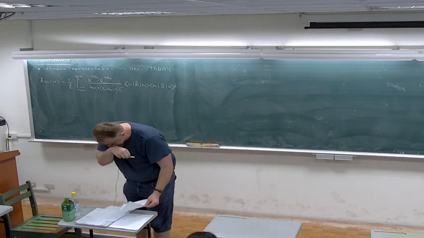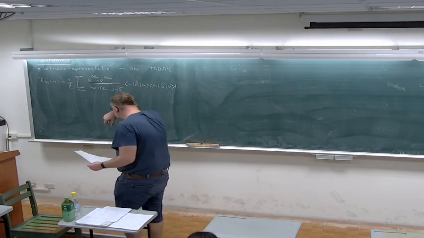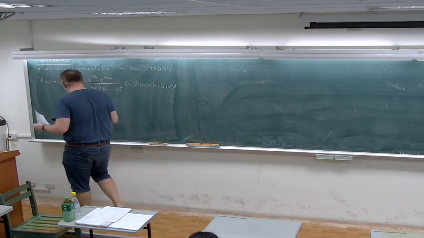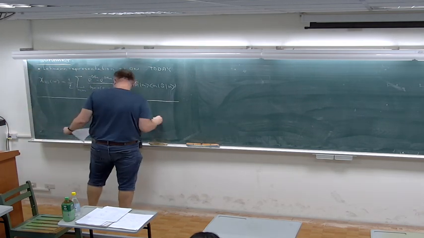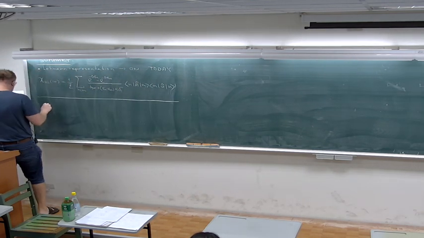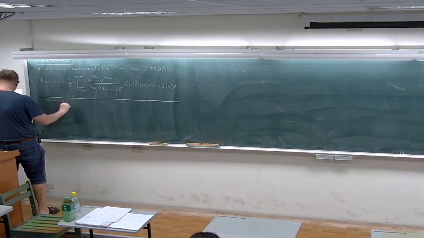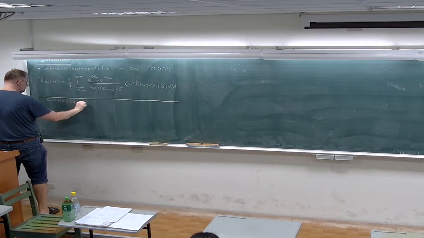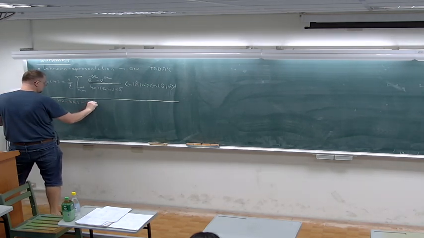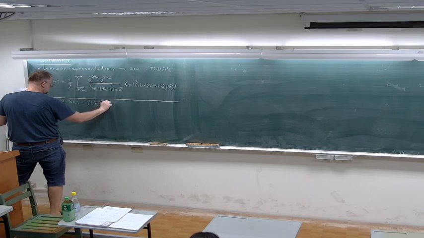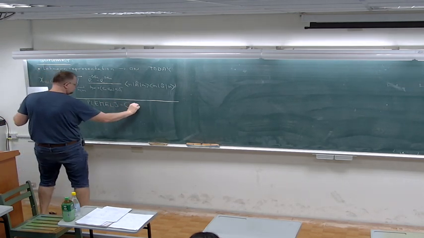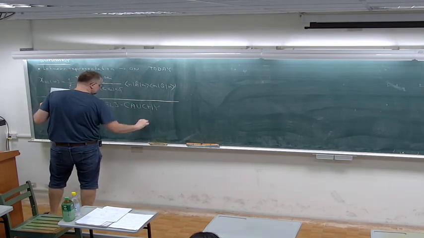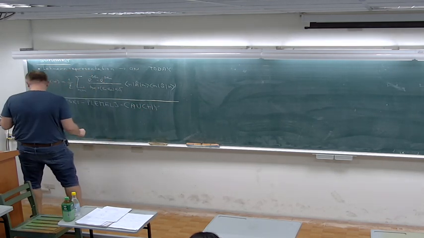Okay, and now I want to use one identity, and I hope, if you didn't have it, then I will put it to the sheet, as I just want to ask you. There is a very important identity in mathematics which has a name. This depends on the nation from which you are. Cauchy, and I don't know, maybe there are other names.